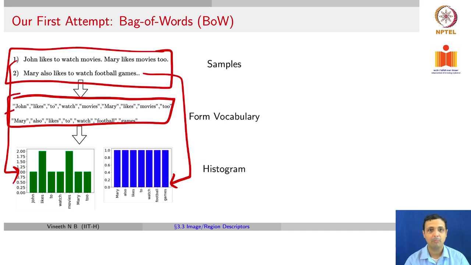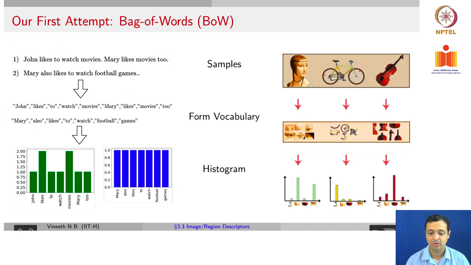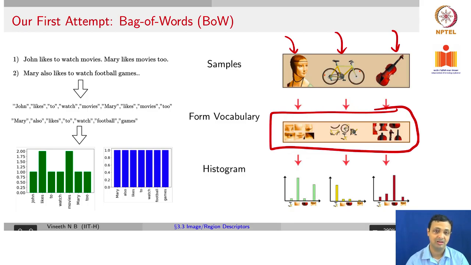Let's try to draw a parallel to images now. Let's say you have three different images in this particular case. So you form a vocabulary. What does a vocabulary mean? For text, it's perhaps simple. It's all the words that occur in your documents. But if you had images, what would be your vocabulary?